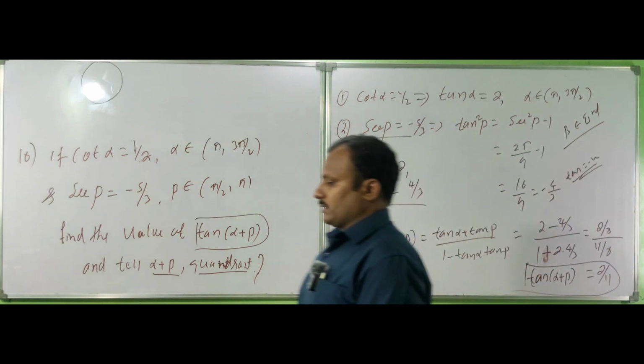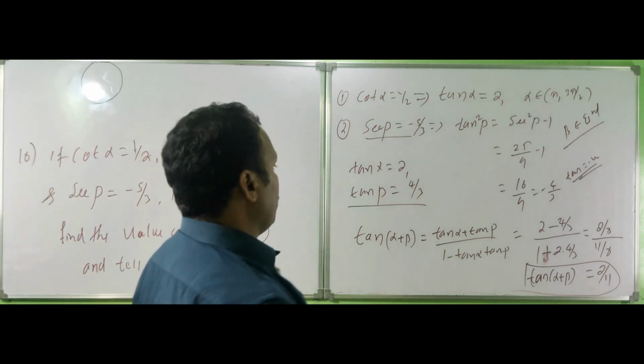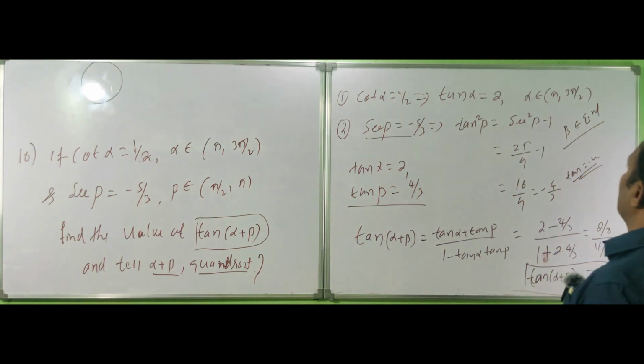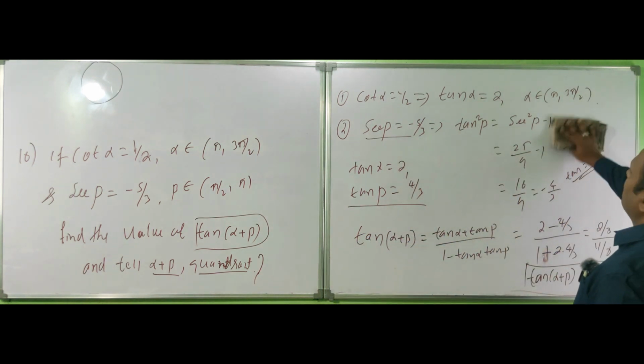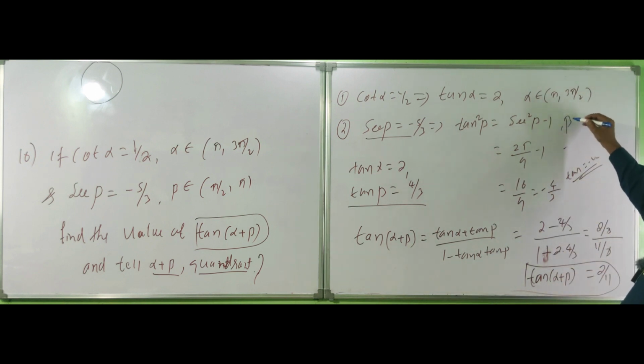Be careful, the next step is important here. Here what is given? Here beta belongs to which one? Pi by 2 to pi.